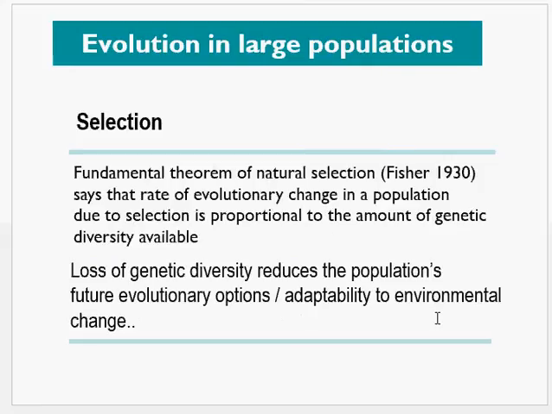generation. Okay, so selection. So the rate of evolutionary change, or the change in a population over time due to selection, is very much in proportion to the amount of genetic diversity available. So if you have a large amount of genetic diversity and you have individuals which may be favored by the environment, then those individuals are going to increasingly represent their alleles in the next generation.